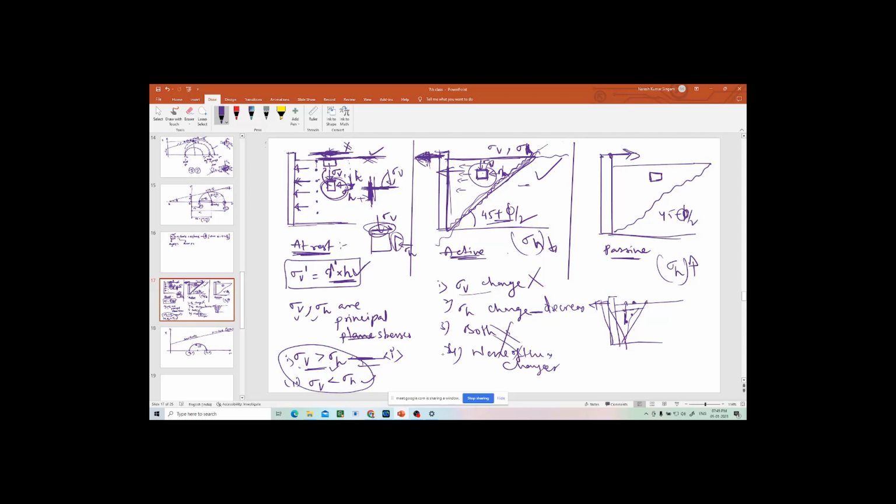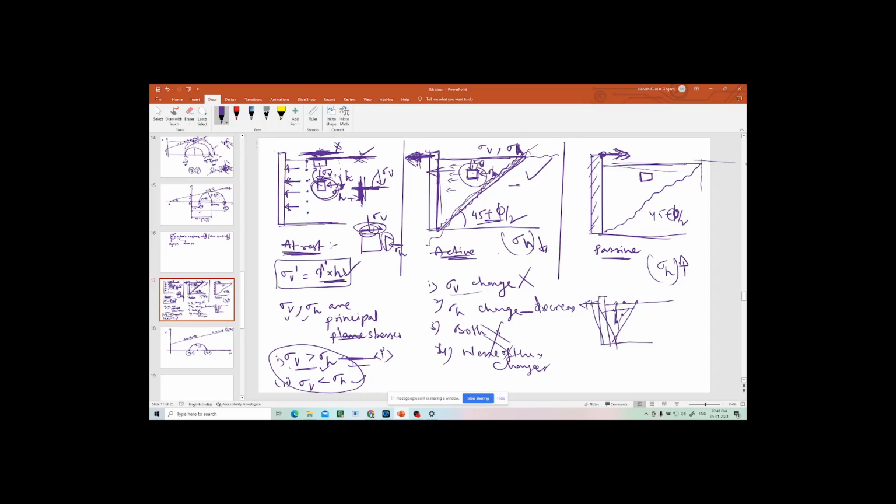Tell me. Sir, why does it increase in passive? Because soil is there behind the retaining wall. Now you are moving the retaining wall towards the soil only. This soil is not ending here; the soil is of infinite length.